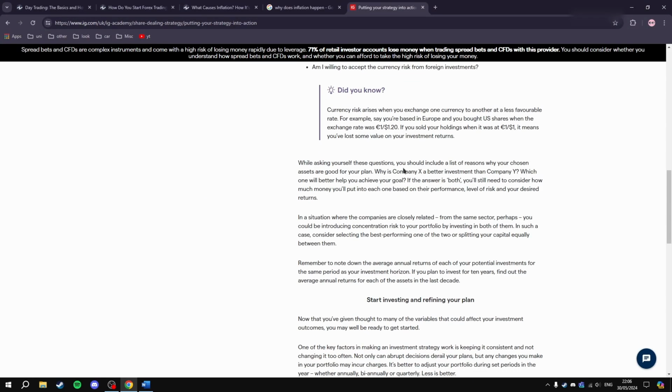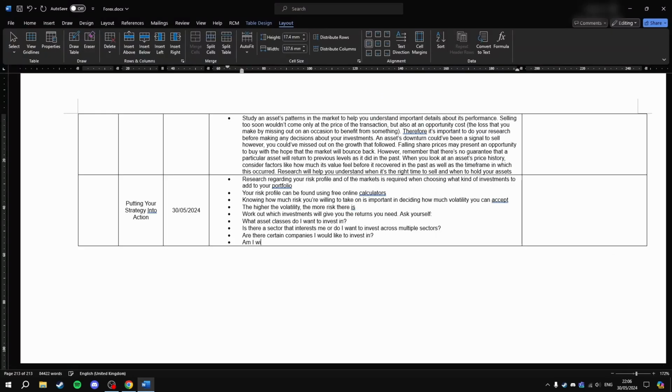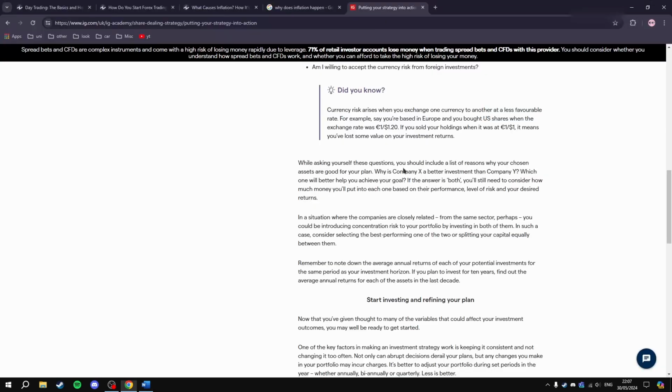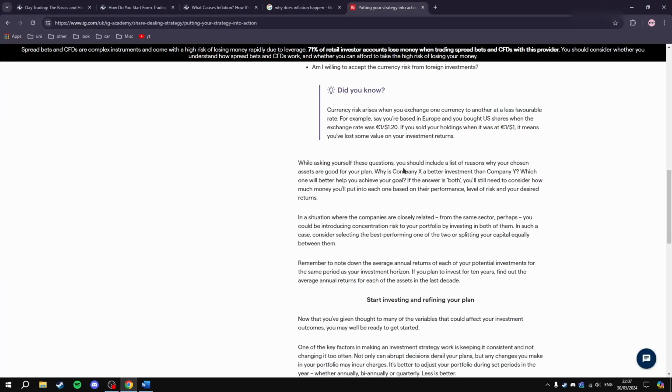Am I willing to accept the currency risk from foreign investments? So, drop in currency values.